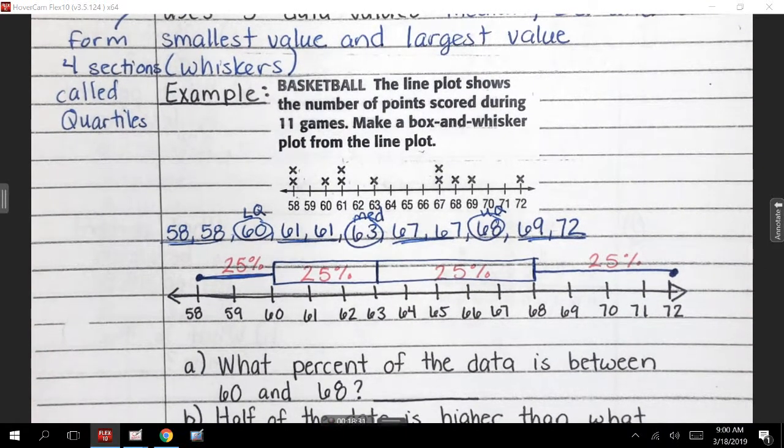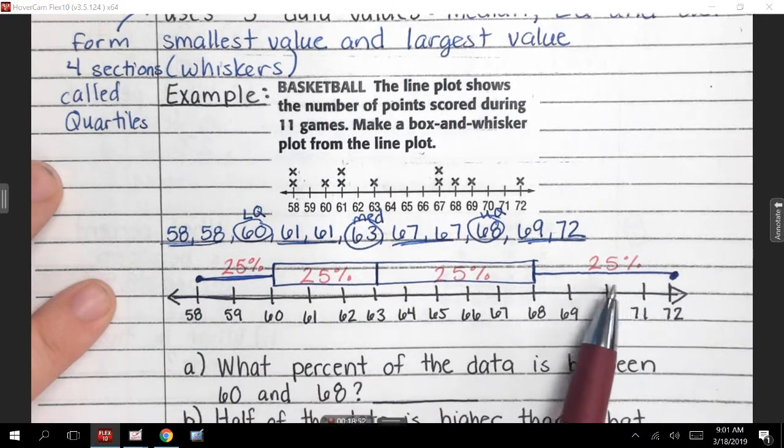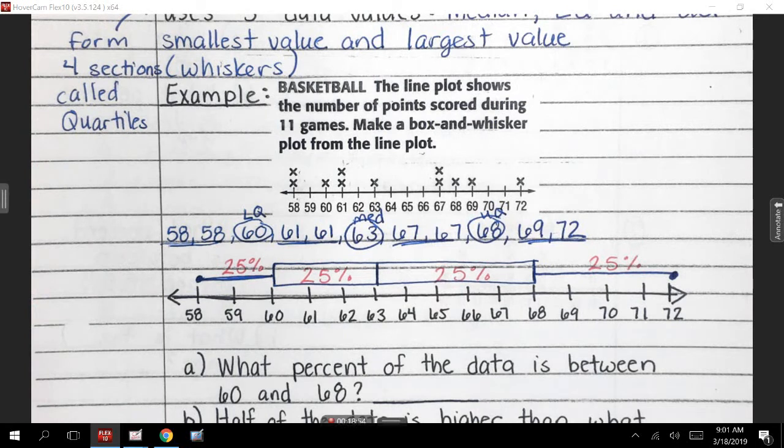Okay. So which section would my numbers have to be the closest together? In which section would my numbers be the closest together? Hannah? I'm sorry, what you would call these, you have the first quartile, second quartile, third quartile, fourth quartile.